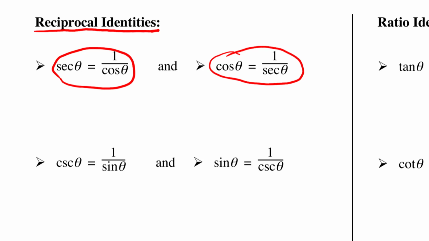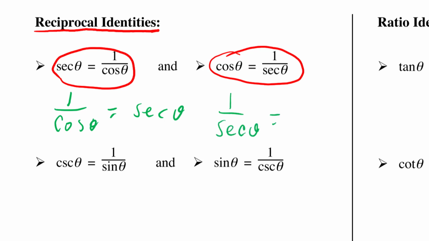And when I say cosine, I mean cosine theta, and secant means secant theta. Of course, we've learned that we can also write these in the reverse order, so that 1 over cosine theta is also equal to secant theta. Likewise, 1 over secant theta is equal to cosine theta. This means that they can be interchanged for each other within an expression.